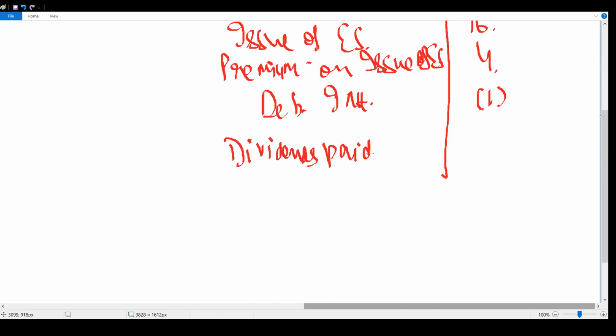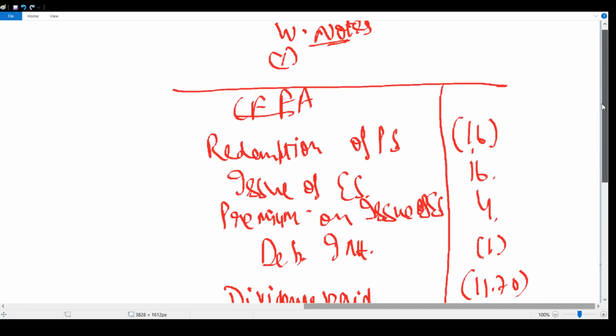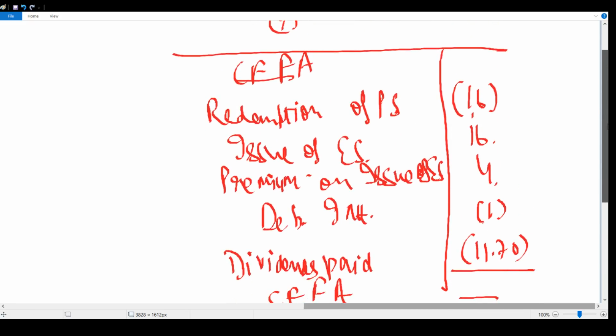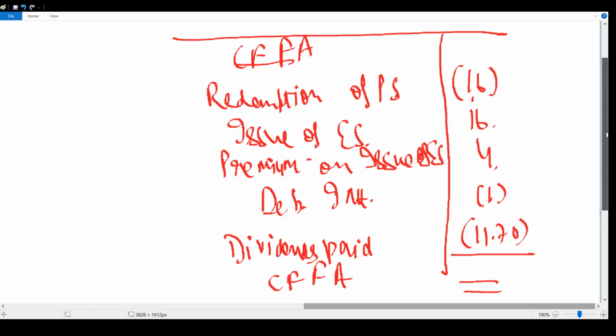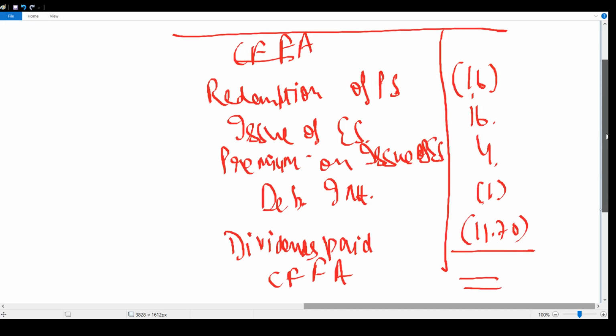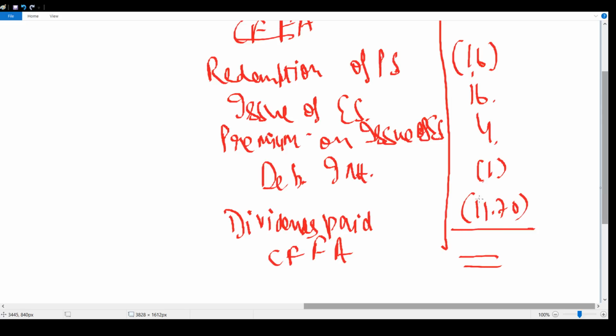Dividends paid 11.70. Total cash flow from financing activities comes out to be minus 16 plus 16, plus 4, minus 11.70, it comes out to be 8.70.